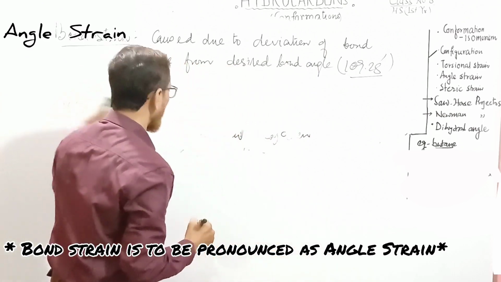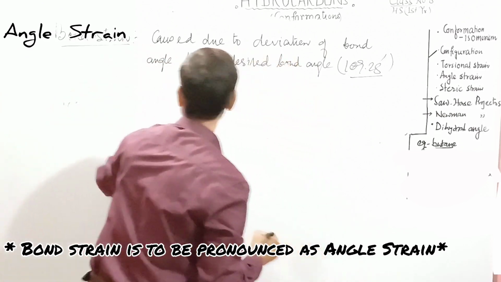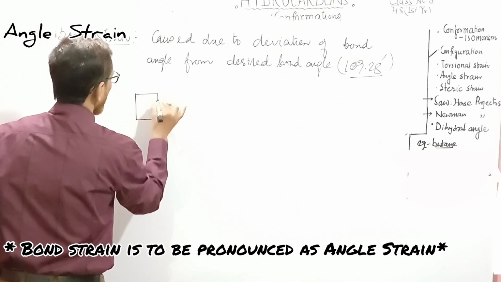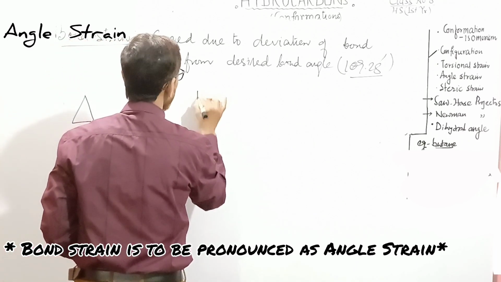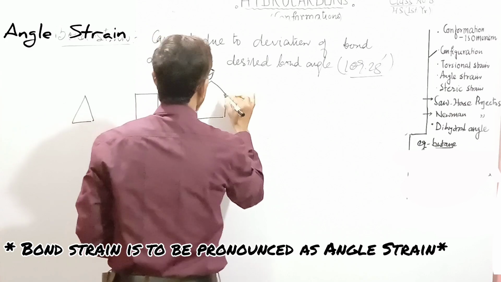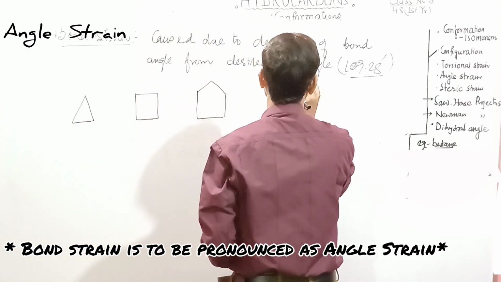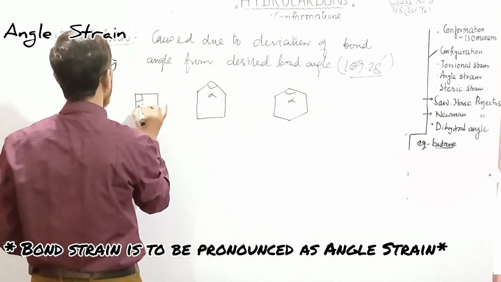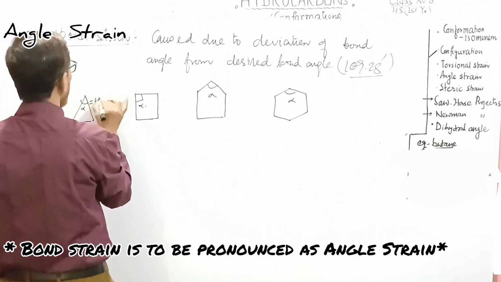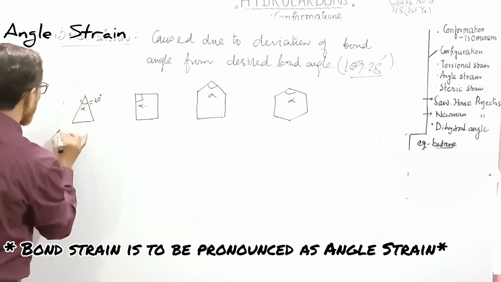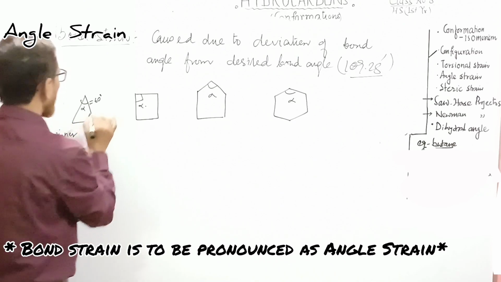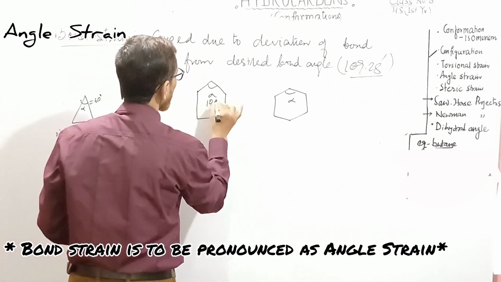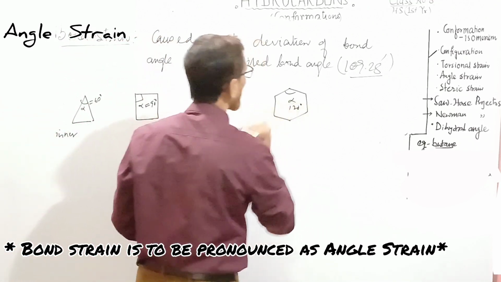Again, this bond strain is important for the reason that here the inner bond angle, alpha, is 60, it is 90, it is 108, it is 120.